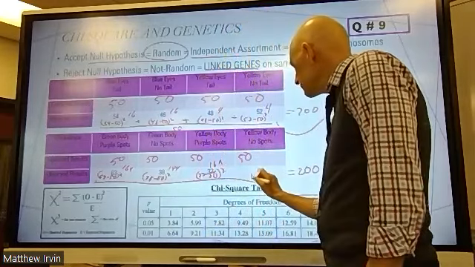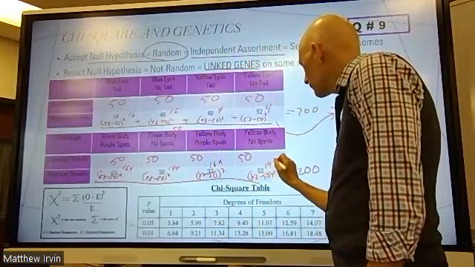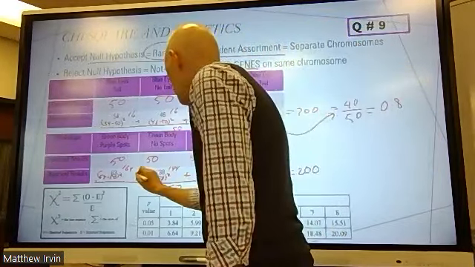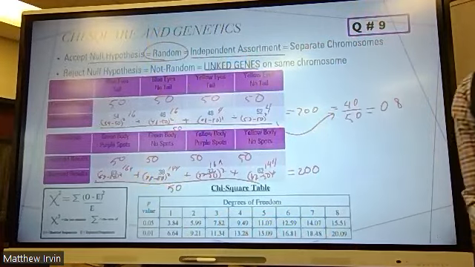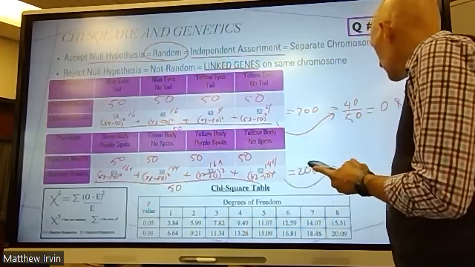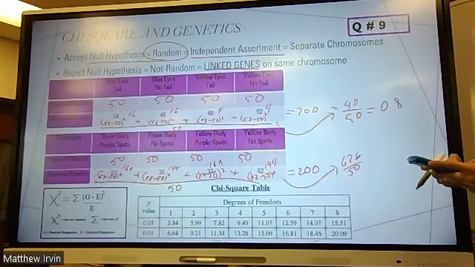And then 62 minus 50 squared, also 12, 144. We're going to also divide that sum by 50. So 169 plus 169 plus 144 plus 144 is 626. Divided by 50, it's 12.52.